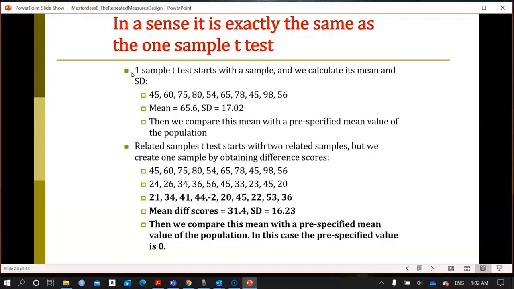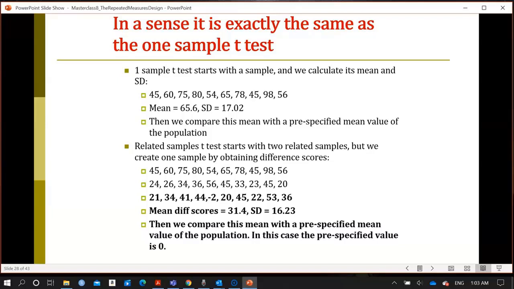So, for example, in a one sample t-test, we have a sample with all these numbers. We've got a mean, we have a standard deviation, and then we want to compare this mean versus a pre-specified value of a population. Sometimes this value is 0, most of the times, but sometimes we've got another number that for some reason we want to compare against.